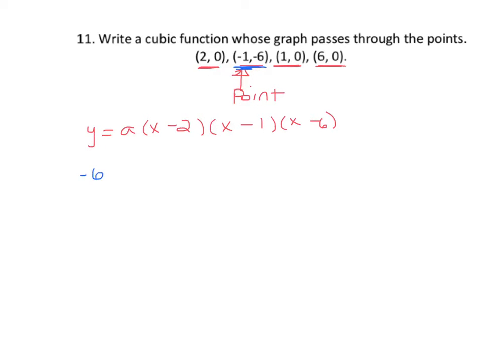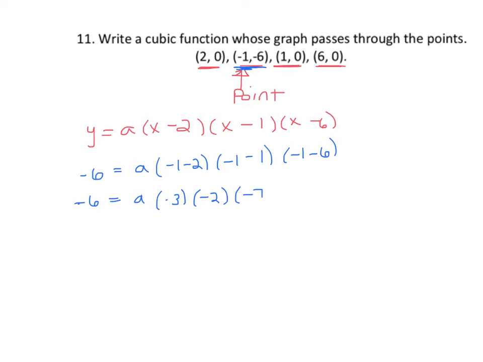Then we're going to plug in this point. So for y, we're going to plug in -6, and for x, we're going to plug in -1. Go ahead and simplify each set of parentheses. Multiply those 3 things together on the right side.